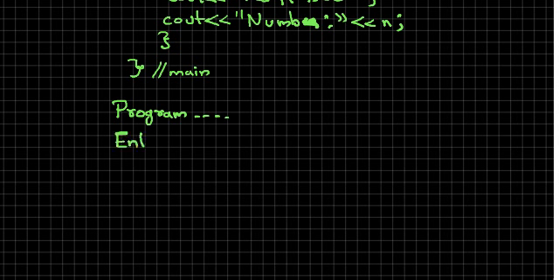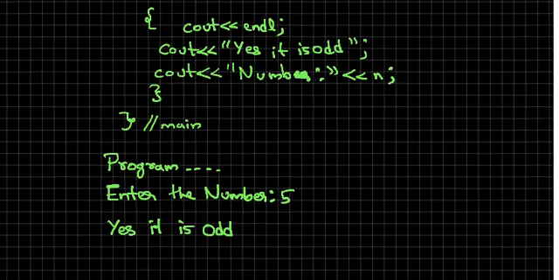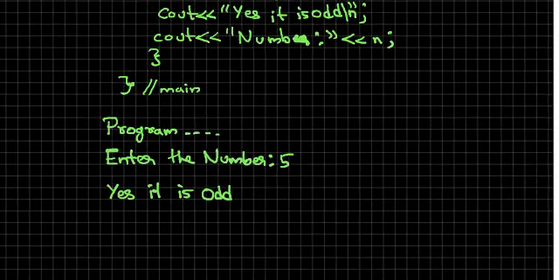Assume you have entered 5. The next output is "Yes, it is odd". After that I'll use slash n so that it will be printed on the next line. So it will print "Number: 5". This is the output. If it is odd, this is how the output will be, and if it is even, it will print the square of that number.